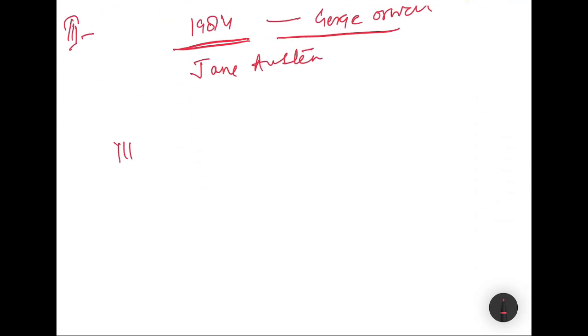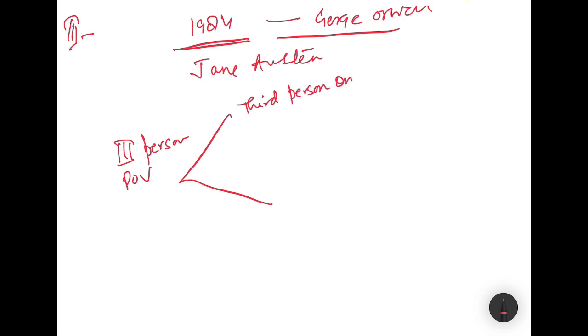Now, this third person narrative is divided into two parts. We have third person omniscient narrator or omniscient point of view.